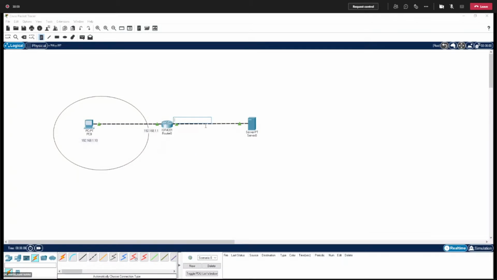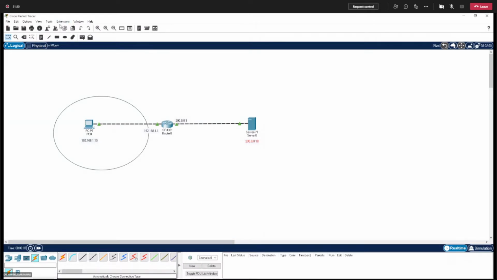The IP address of the right interface of router is 200.0.0.1, and the IP address of the server is 200.0.0.10. So please go through with this topology first. Please check the IP addresses which I have assigned.